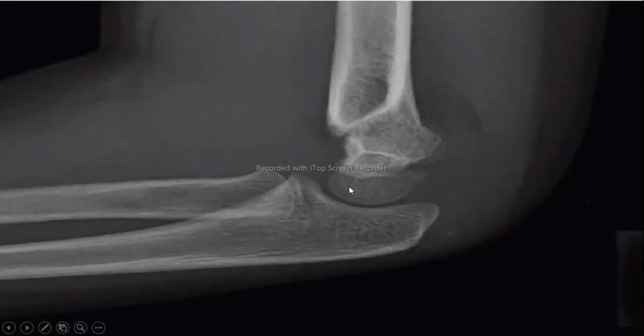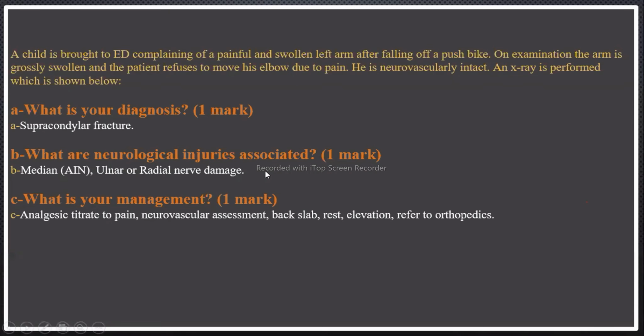Yes, it transects. Okay. So the anterior humeral line is for which bone? Humerus. And this one for which bone? Radius.